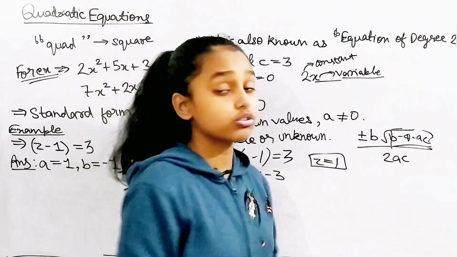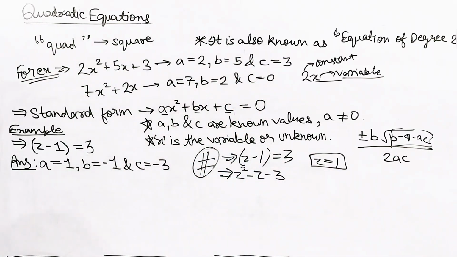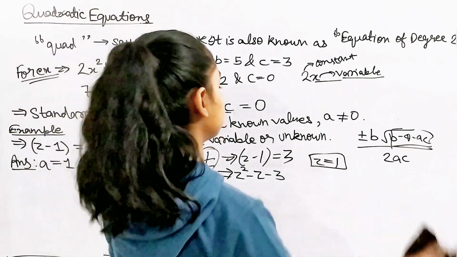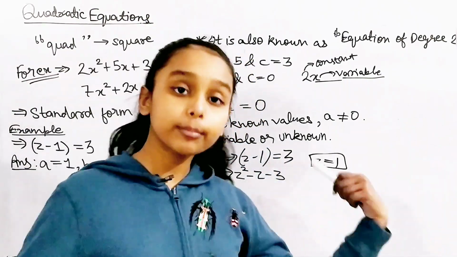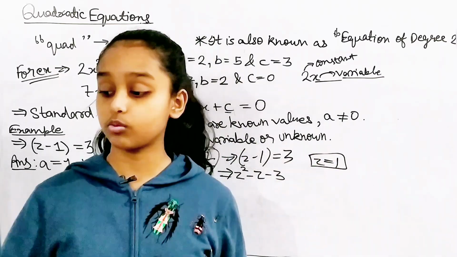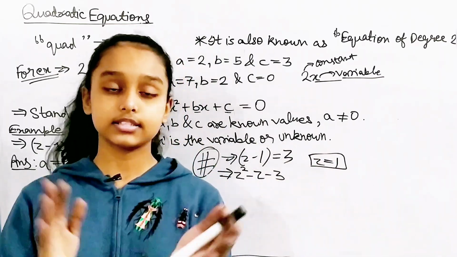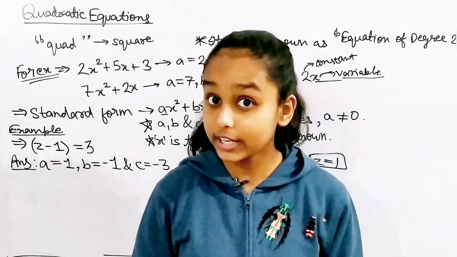I can't exactly remember it right now, but it was something like this. So we'll discuss this formula, known as the quadratic formula, in the next video, or maybe in another video.